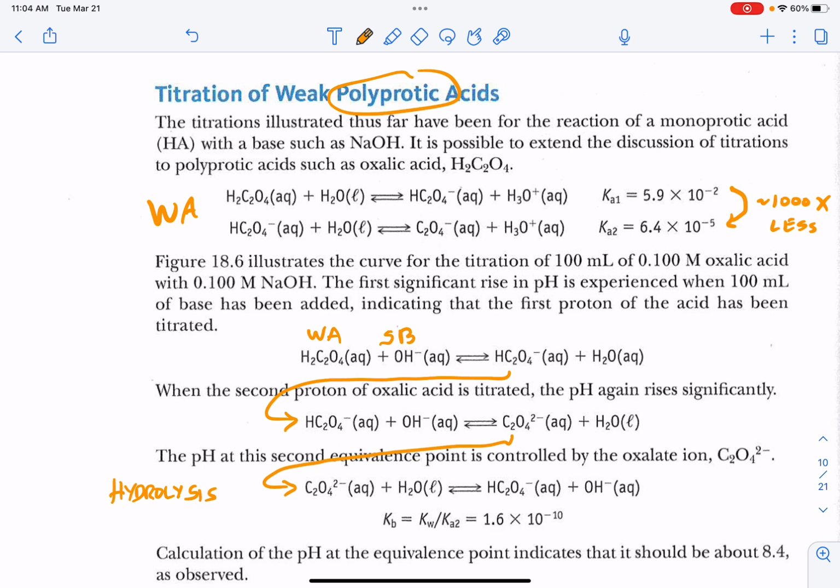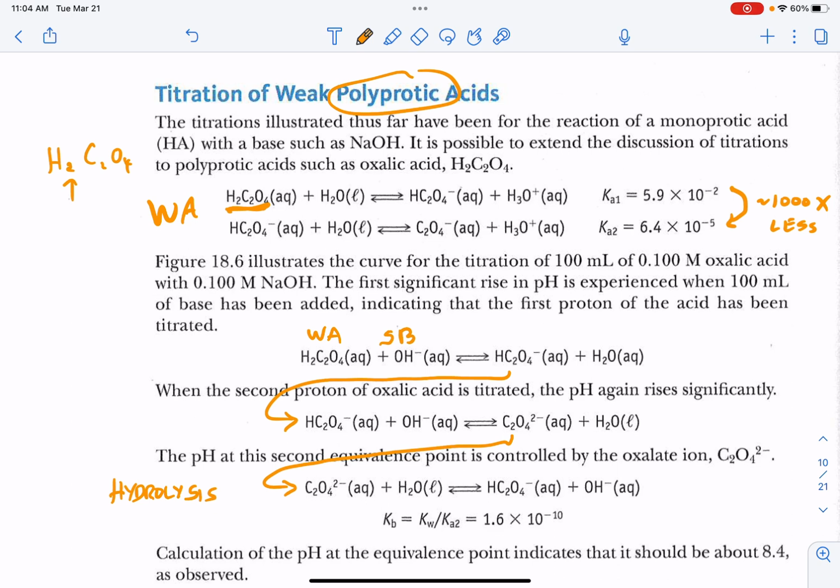So if we had a polyprotic acid, such as oxalic acid, and you can see that it is diprotic because it has its H2, and the anion is C2O4. It is diprotic.